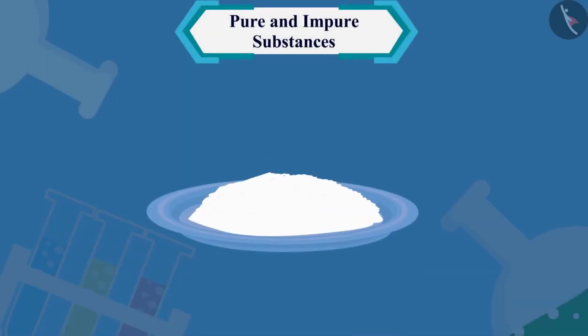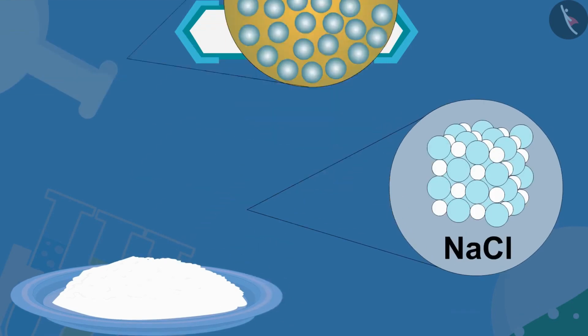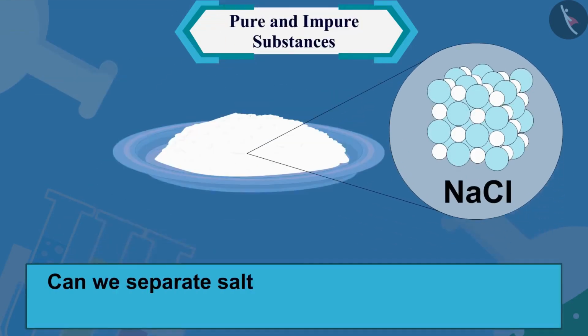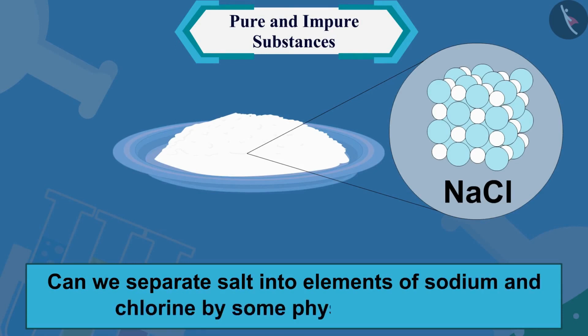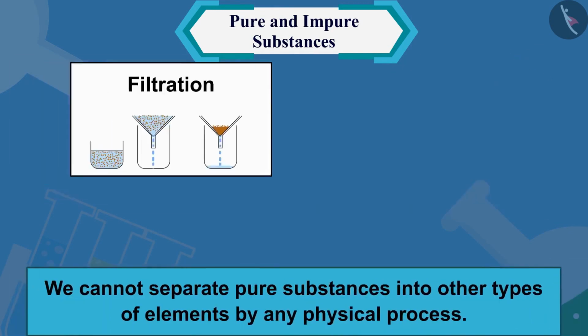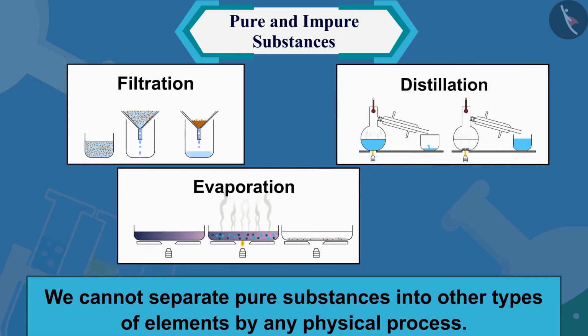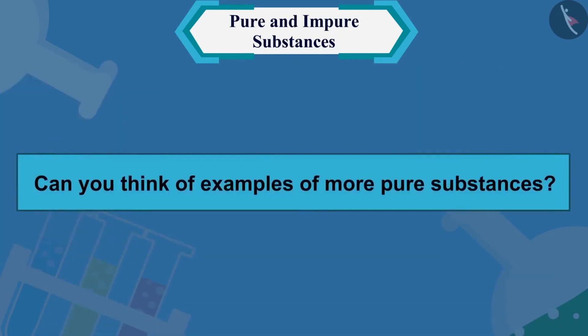Friends, we know that salt is made up of sodium chloride molecules. Can we separate salt into the elements sodium and chlorine by some physical process? No. Therefore, we can say that we cannot separate pure substances into other types of elements by any physical process. Can you think of examples of more pure substances?